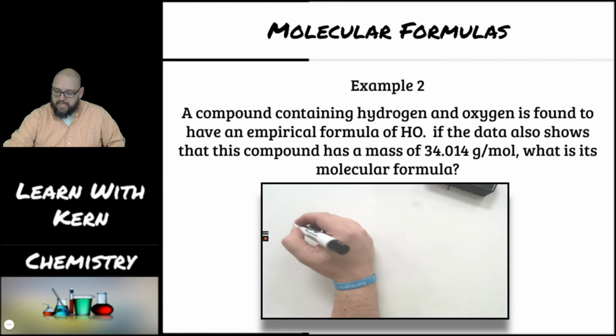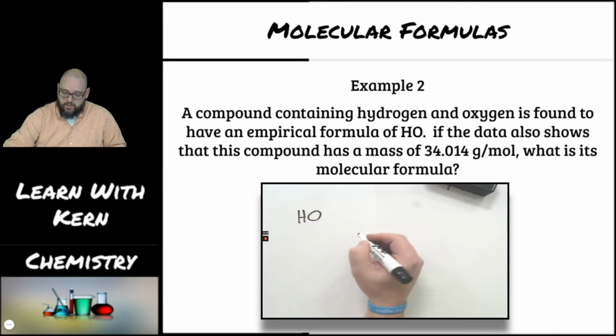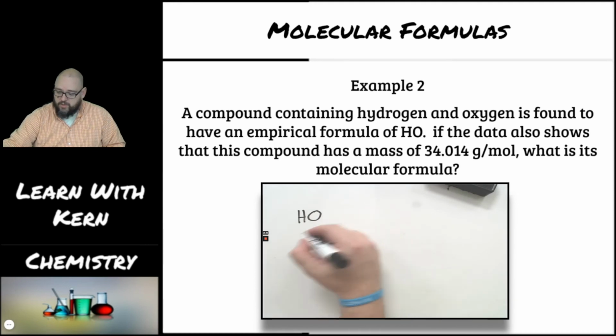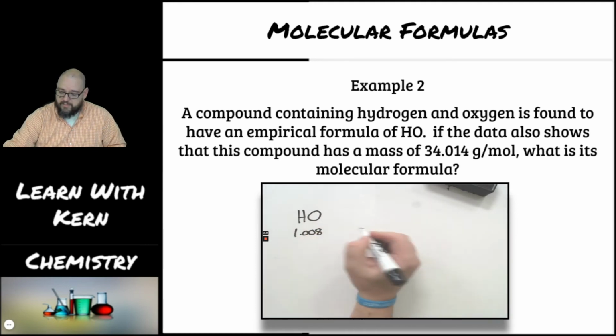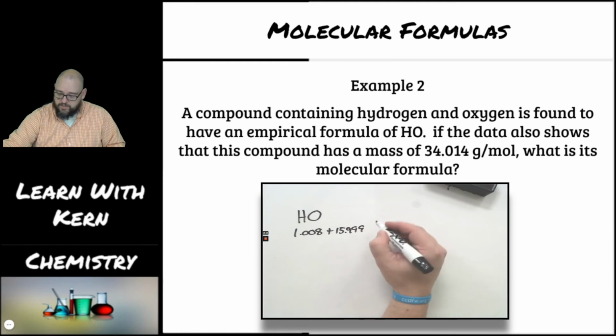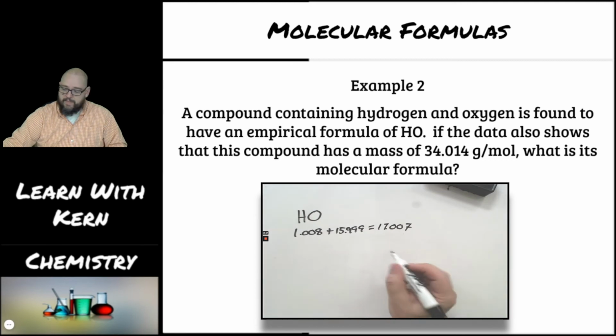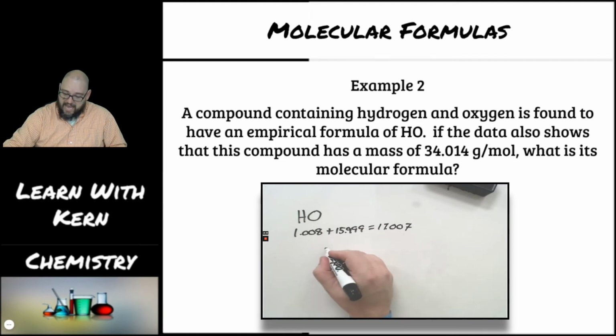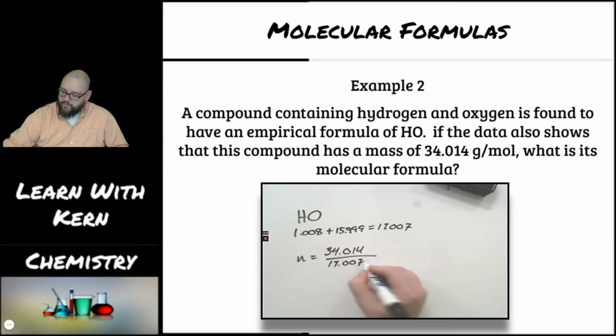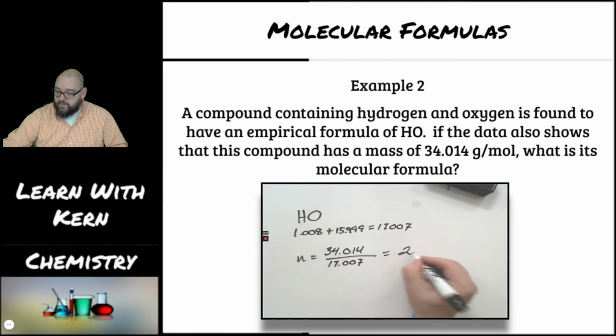So, if I have an empirical formula of HO, then I'm going to find the mass of HO, which is 1.008, the mass of hydrogen, plus 15.999, the mass of oxygen, which is 17.007. That is my empirical formula's mass. I then am going to take my actual mass that is found in experiment, 34.014, and I'm going to divide by my empirical formula's mass, and that gives me an answer of 2 again.